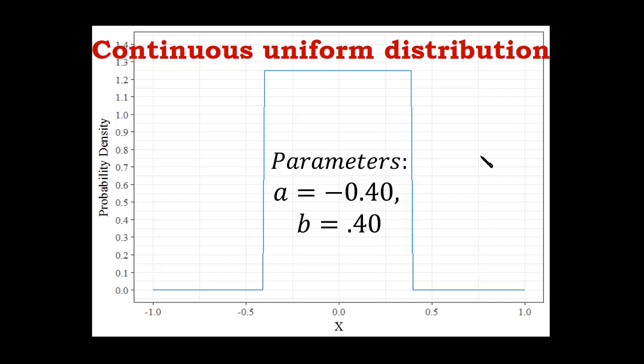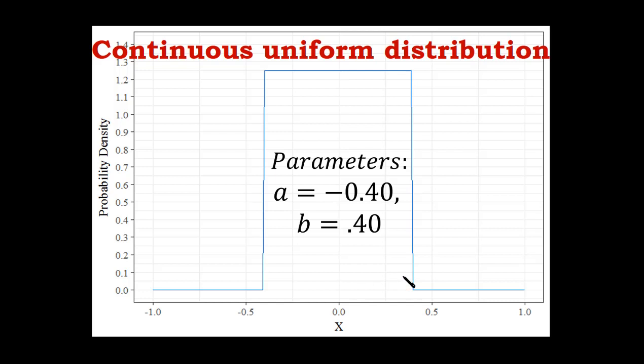We know that the density is 1.25, as you can see here on the whole interval, and the interval has a length of 0.8. We can tell how the 1.25 was calculated. The total probability mass of that interval is 1, and the length of the interval is 0.8.